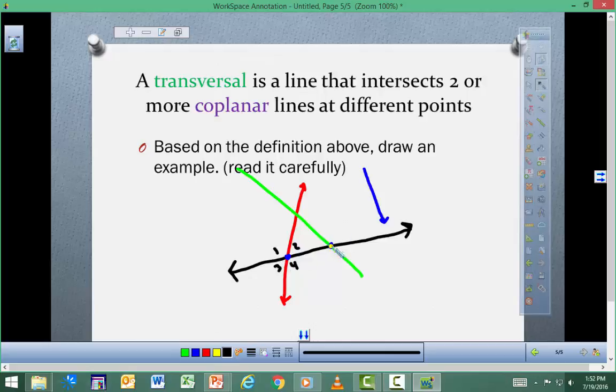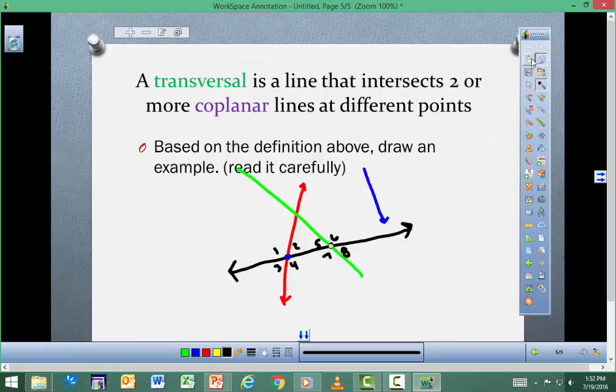There's another 4 angles that are connected to this intersection point. So we have 5, 6, 7, 8. So we have a group of 4 here and a group of 4 here. You always have that when you have a transversal. So we'll be watching out for that.